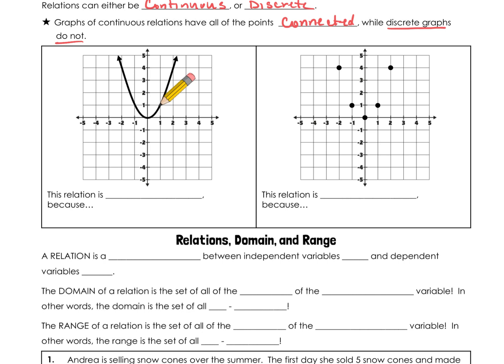So if we look at this first picture here, this relation is continuous because it's connected by a line, which is this line here. Okay? The next picture, this relation is discrete because it is not connected.